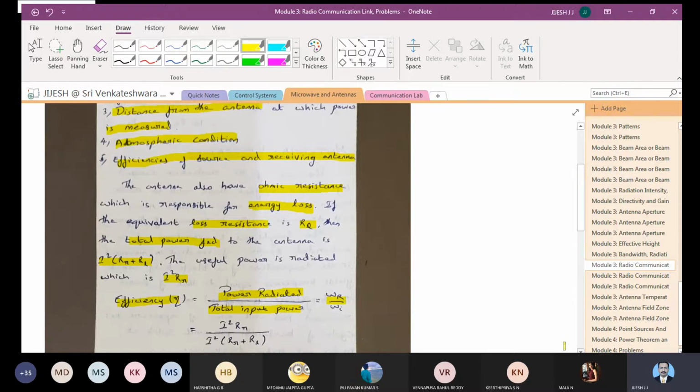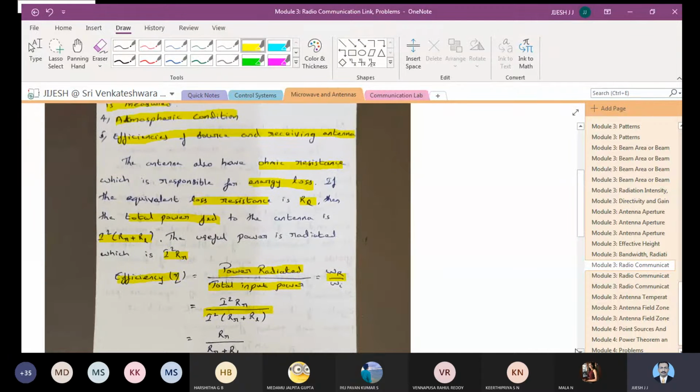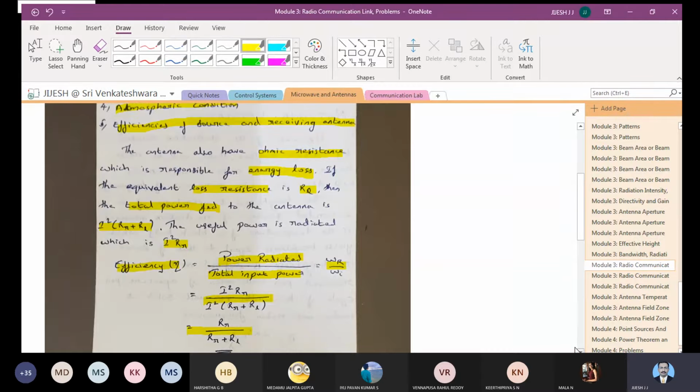When you replace it with I square, it can be written as I square RR divided by I square into RR plus RL. What is RL? Loss resistance. What is RR? Radiation resistance. So we can find the efficiency of an antenna using the equation RR divided by RR plus RL. You can make a note of this equation. Efficiency is equal to RR divided by RR plus RL.